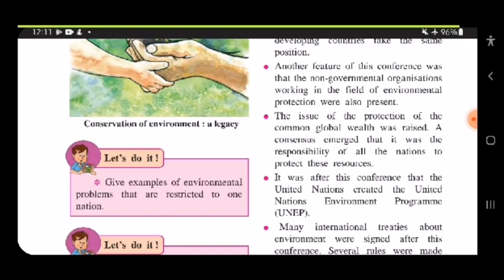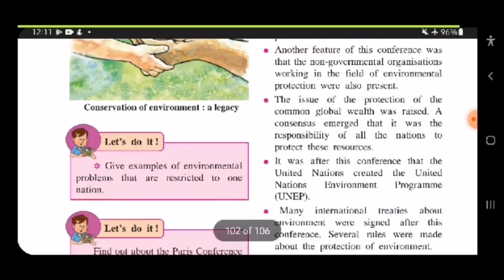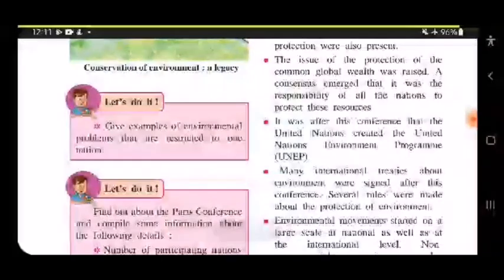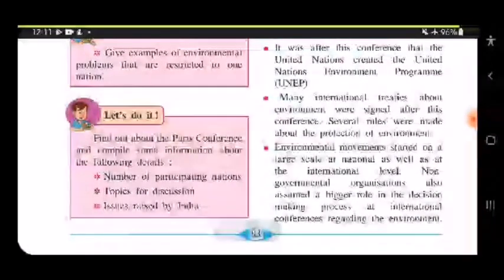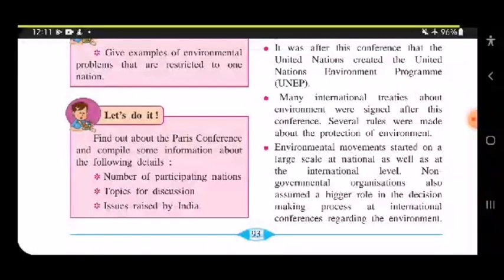Now there are certain resources which we get in limited amounts, so we should not waste those resources. Use them properly. It was after this conference that the United Nations created the United Nations Environment Program, that is UNEP. Many international treaties about the environment were signed after this conference.